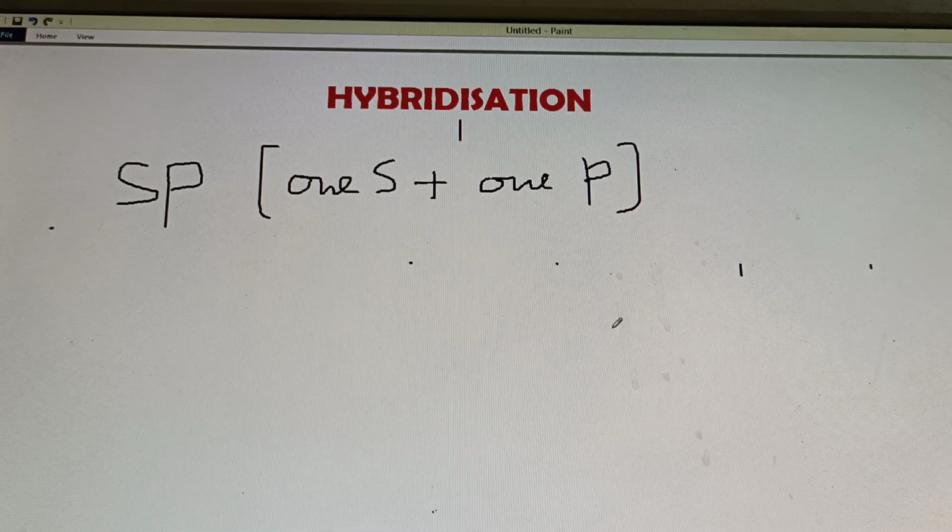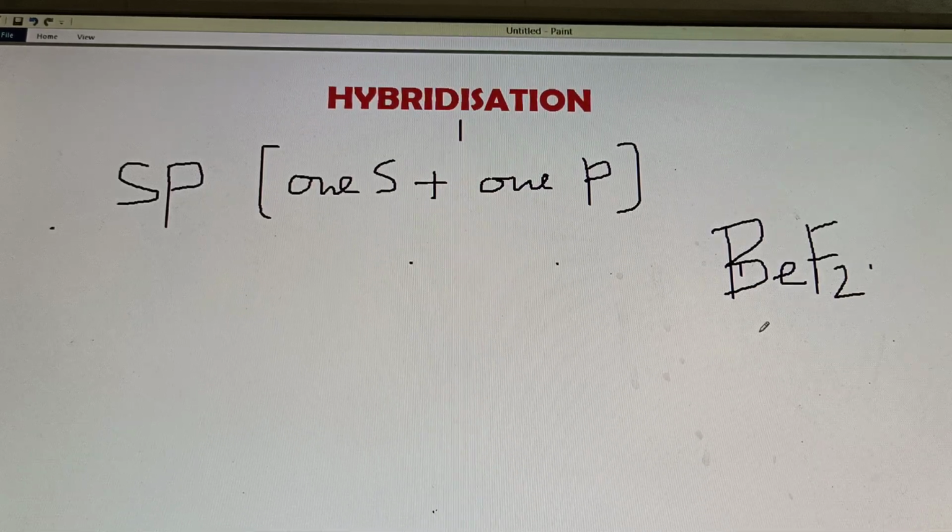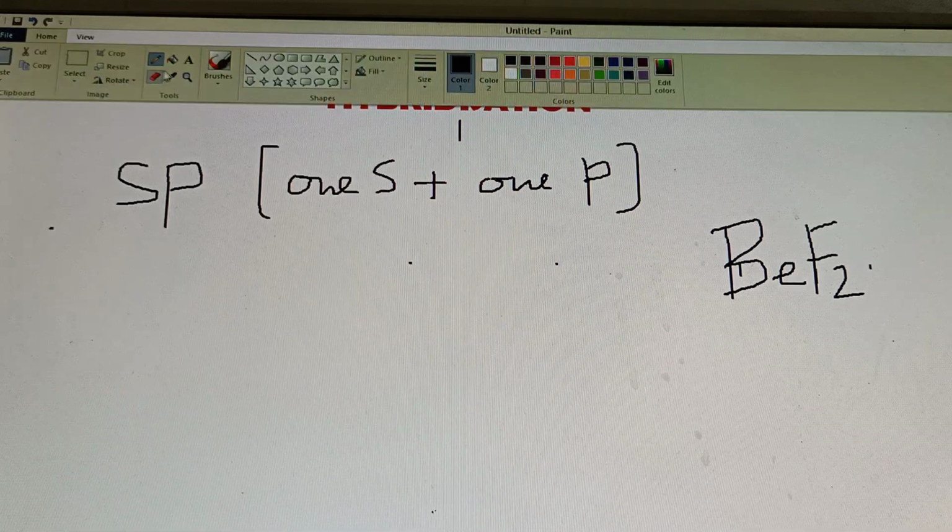So for example, in the beryllium fluoride, BeF2 molecule. Before finding the hybridization, we have to first find the central atom.